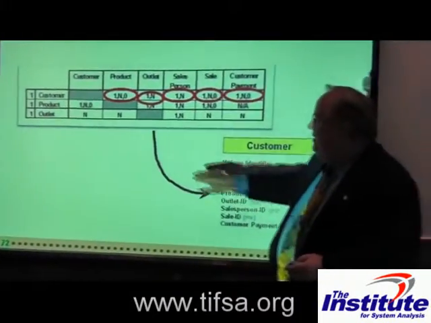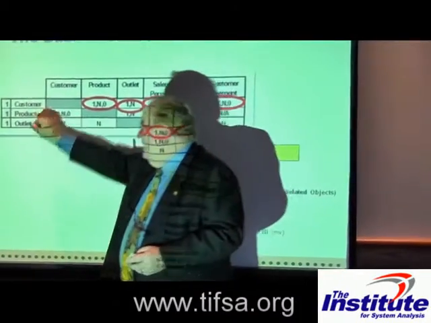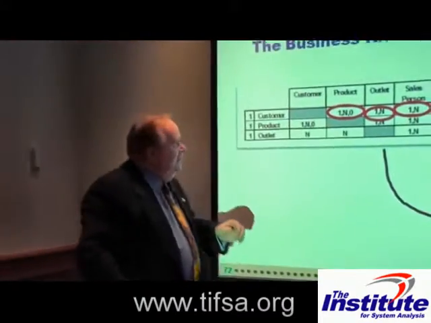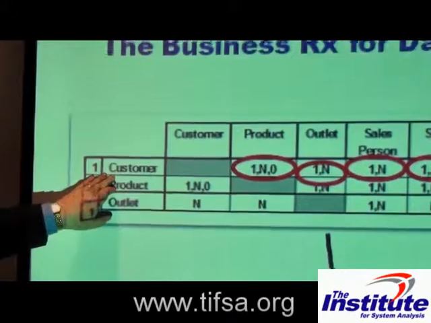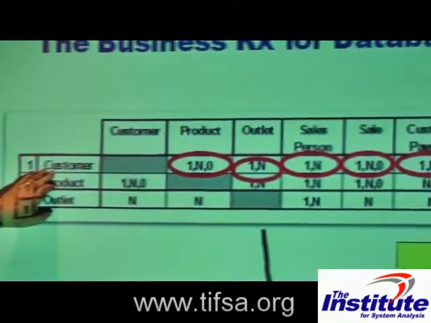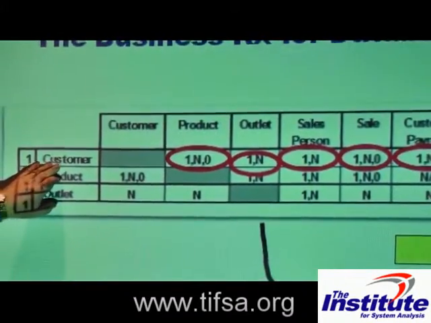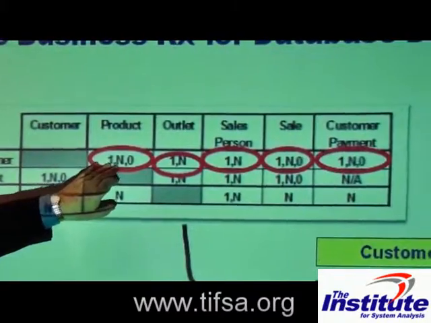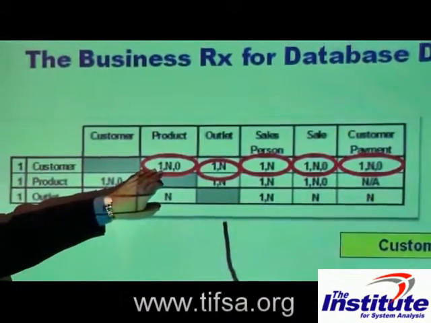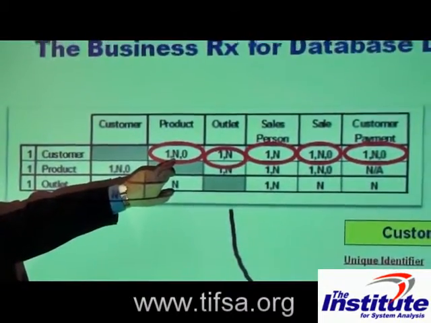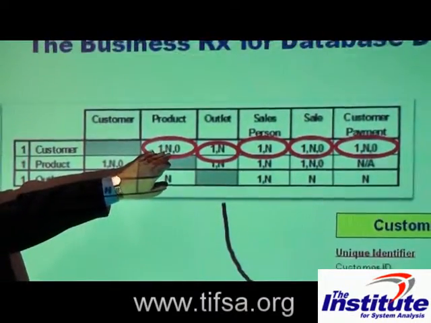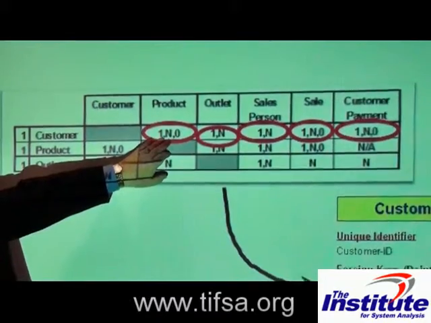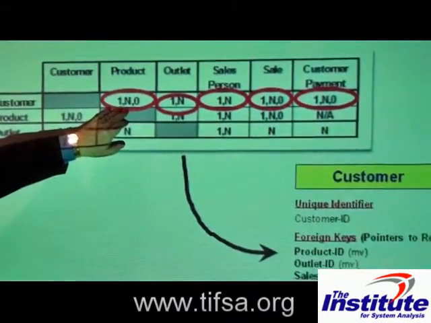Here, we're in effect saying, let me go around this side here. Here, in effect, we're saying the object customer has to have its own unique identifier, of course, but customer also has to be able to join with the object product. And product, there may be several records. There's an N in there, meaning numerous or several. Therefore, we state the foreign key for a product.